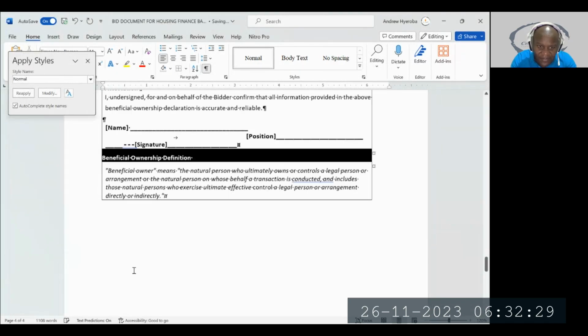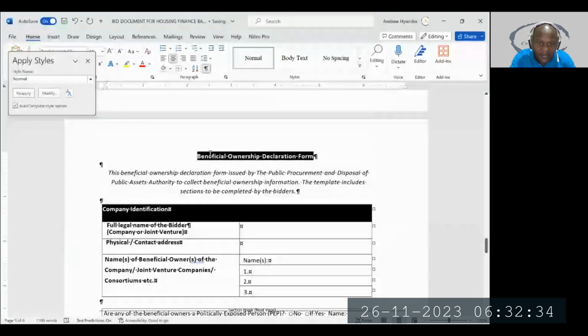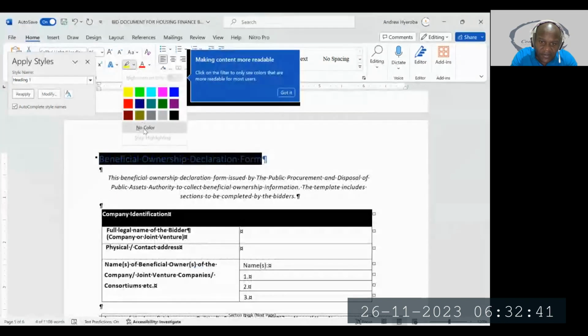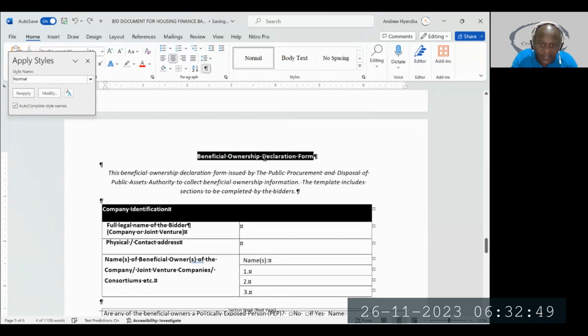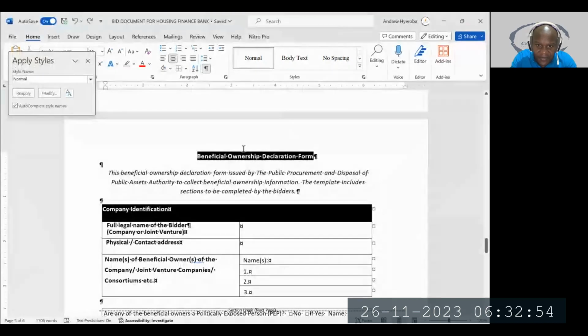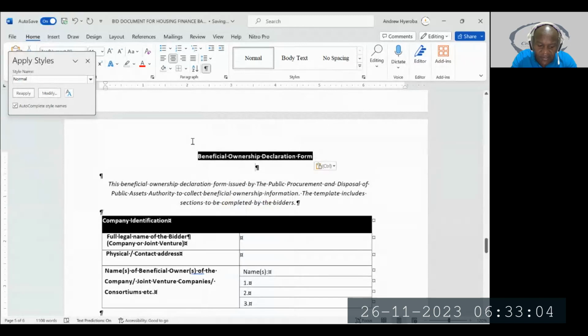All these will have their own page headings. I don't know why it is shaded, no color. Okay, so what I'll do for this is I'll just say retain the formatting, copy, and paste.